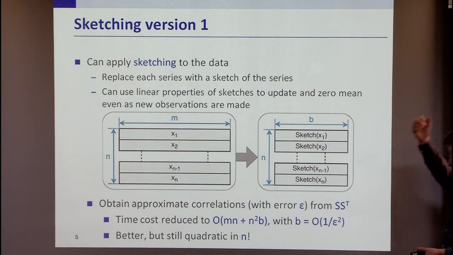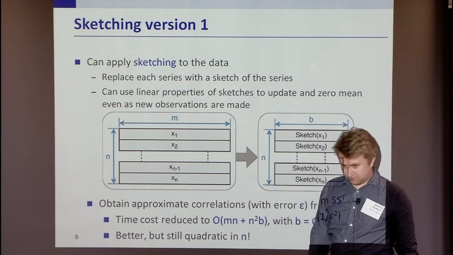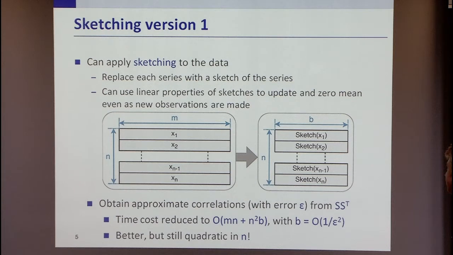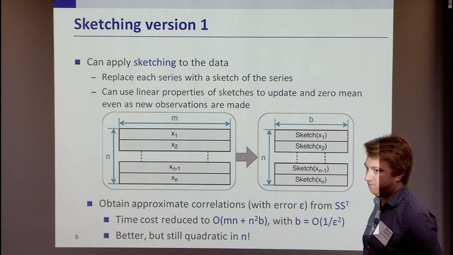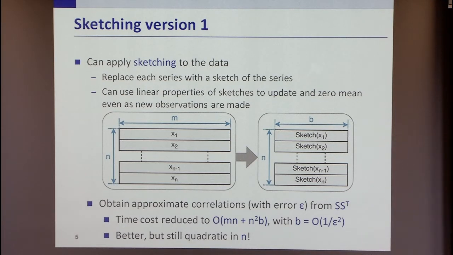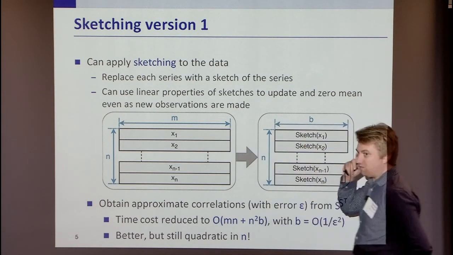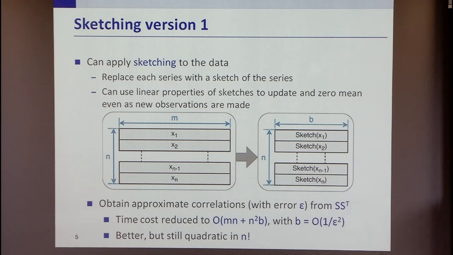So are we to think of m as bigger than n? Yeah. We're to think of m as being large, certainly. m could be comparable to n. If m is very small, then this step won't help, so you might as well just work with the series exactly. I was just thinking maybe b could be taken to be like square root of n.